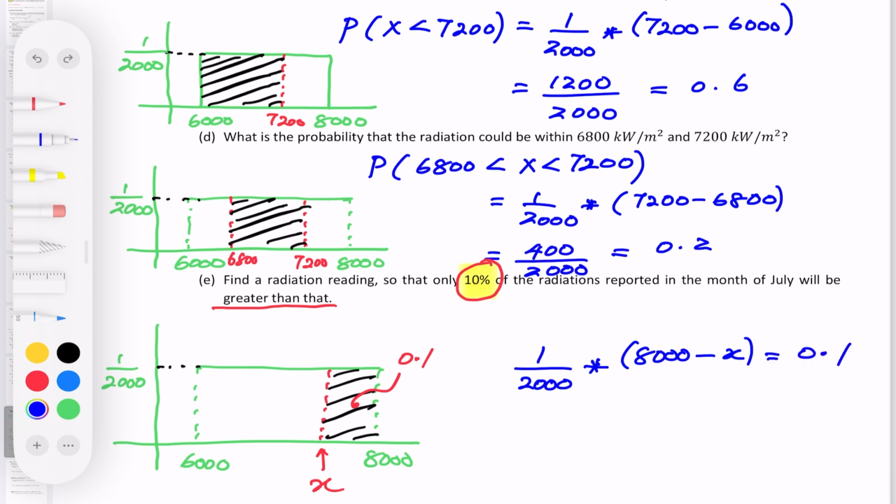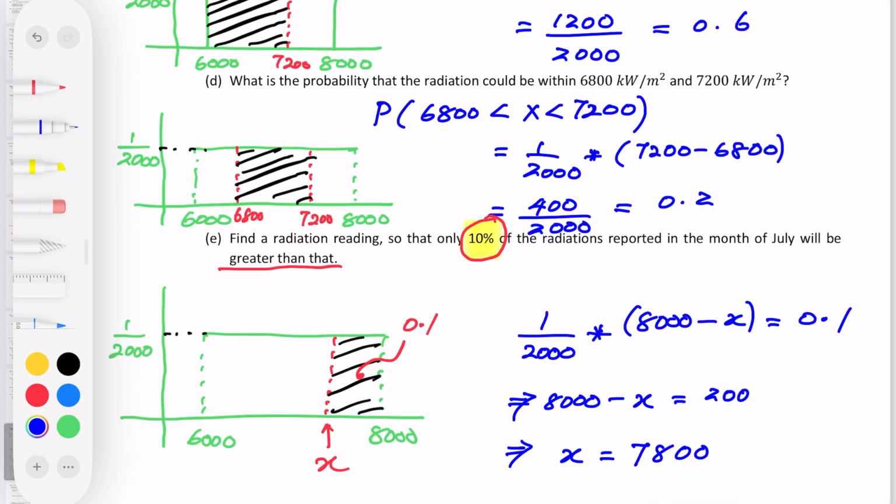Alright, now we can easily simplify this equation. We can multiply both sides by 2,000, then we get 8,000 minus x being equal to 200. From that, if you simplify for x, you get x equals, of course, 8,000 minus 200, which is 7,800. You may also keep the units for x. The units are watt hours per square meter.